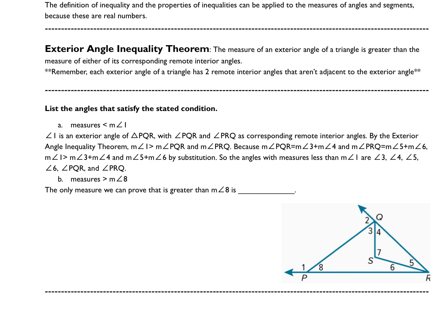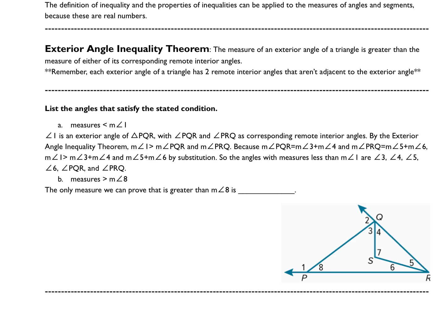First we're looking for the measures of the angles less than the measure of angle 1. Angle 1 is an exterior angle of triangle PQR, so angles PQR and PRQ are its remote interior angles. By the exterior angle inequality theorem, the measure of angle 1 has to be greater than the measure of angle PQR and the measure of angle PRQ.